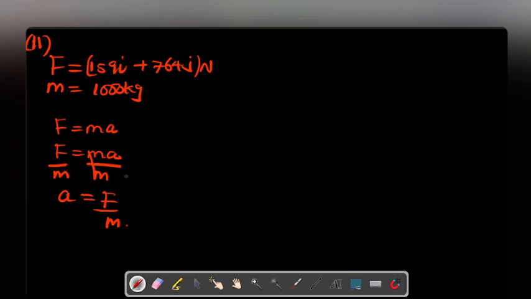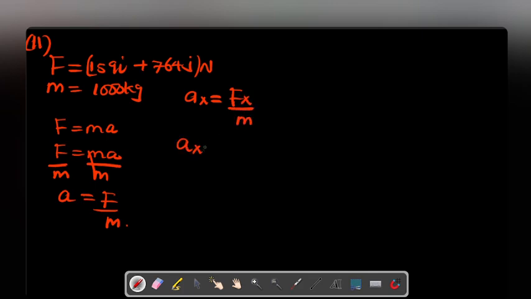Since this is our net force, it has the x and the y component, so we also find the acceleration for the x component, which is equal to the force for the x over the mass.